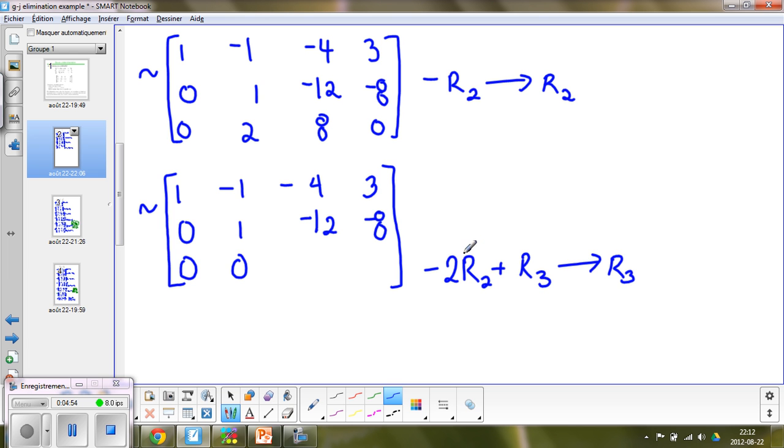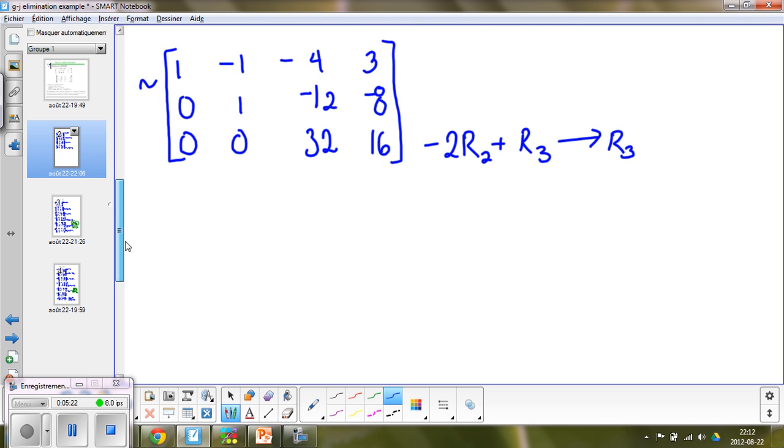Obviously if we do -2 times this plus 2, we get the 0 we wanted. Minus 2 times minus 12, that's plus 24, and we add this to the third row. 24 plus 8, 32. And finally, minus 2 times minus 8, that's plus 16. 0 plus 16 is 16.